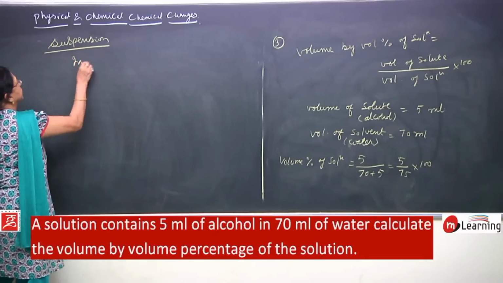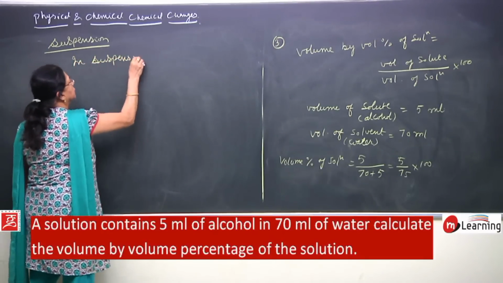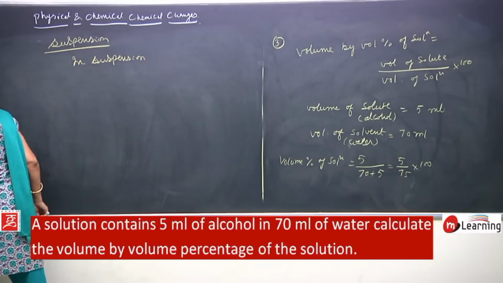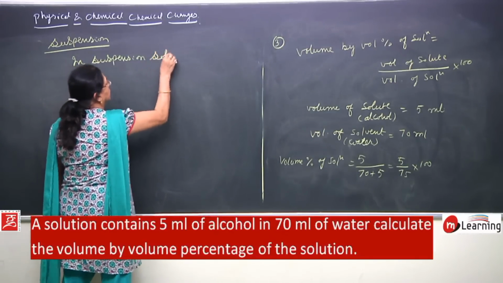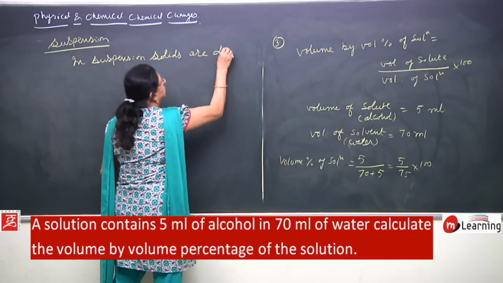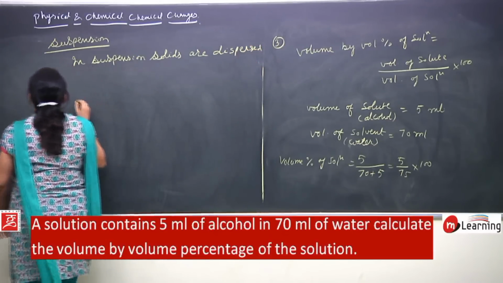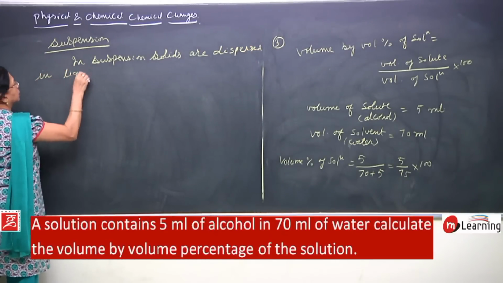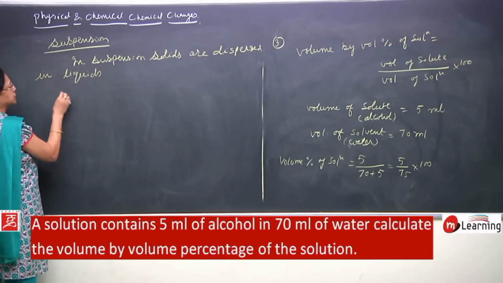In suspension, solids are dispersed in liquids.